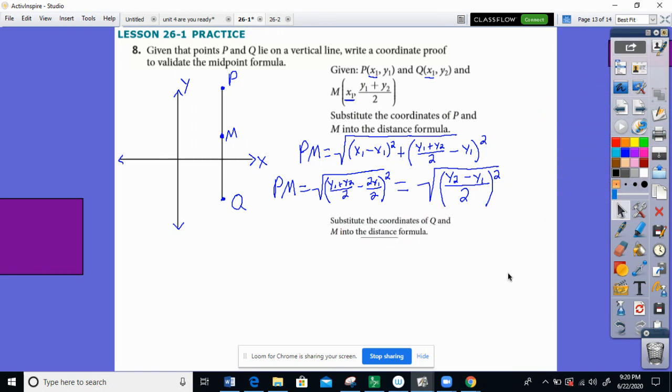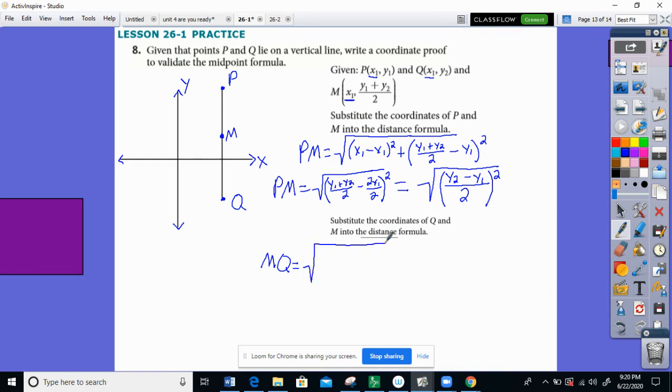They want us to do the same thing with the coordinates of points Q and M. So we're going to do the length of segment MQ. Very, very similar. x1 minus x1 is still going to be 0. So I'm just going to skip to writing this out right here.